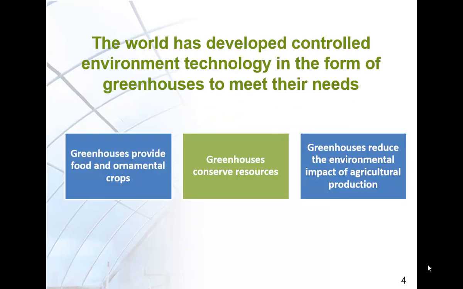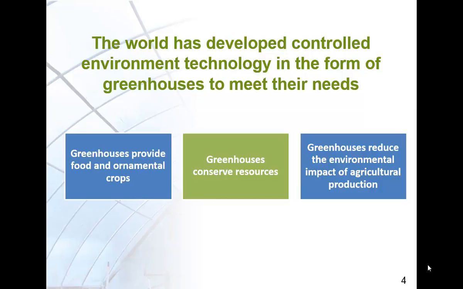Greenhouses can provide food crops as well as ornamental and floral crops, so it can help feed people. Greenhouses can conserve resources such as land space, water, nutrients, and improve labor efficiency.